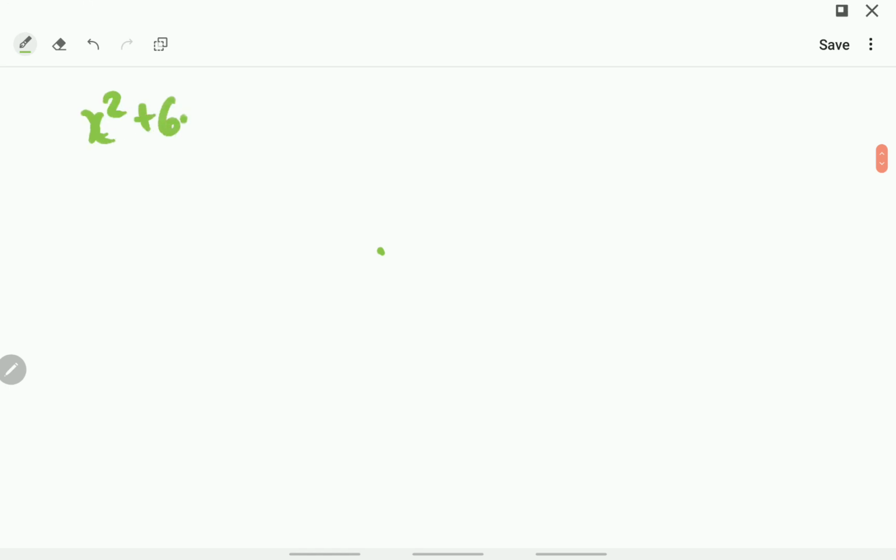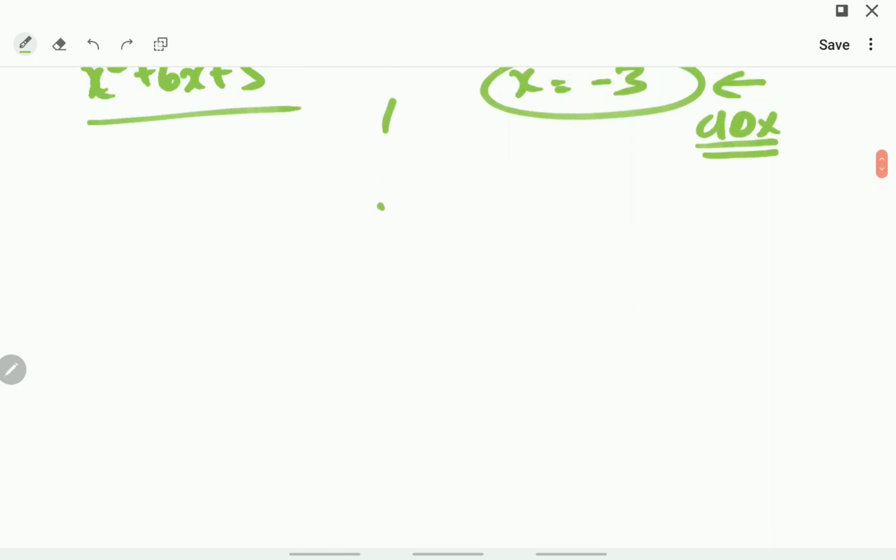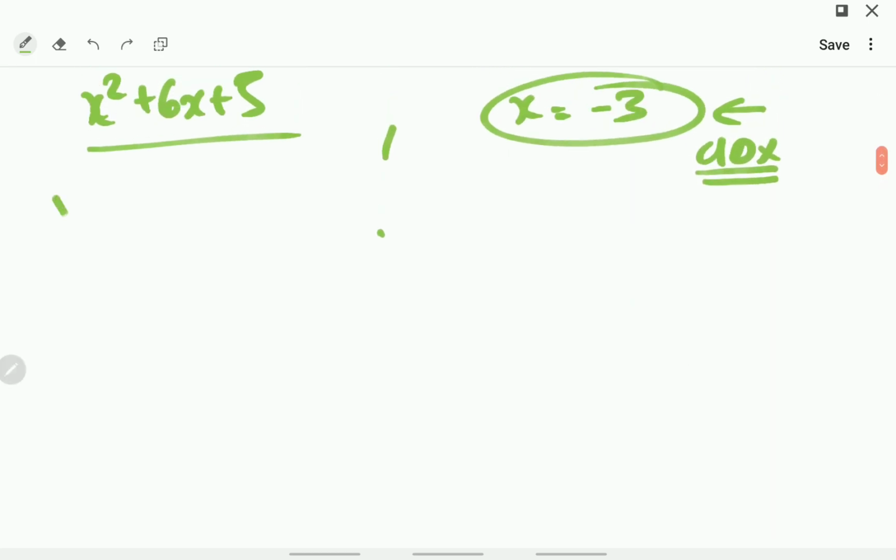And we know that the x coordinate is equal to minus 3 for the axis of symmetry. Oh, this is a much better writing experience. Okay, so x squared plus 6x plus 5.